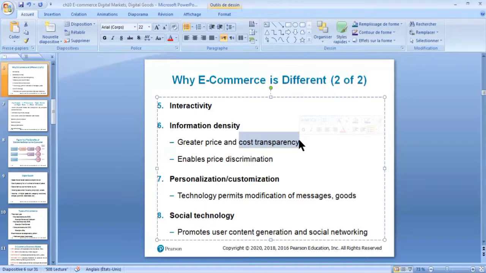And this makes it harder for sellers to impose large price premiums. يعني when your customers know almost exactly what is the cost of the product that you are selling, you cannot charge them a premium price. Okay. فهذا شو نقصده بالinformation density.